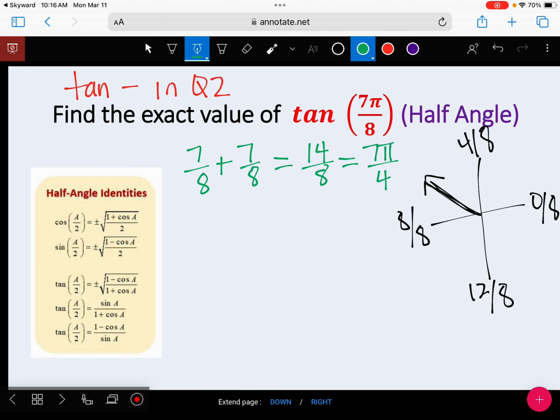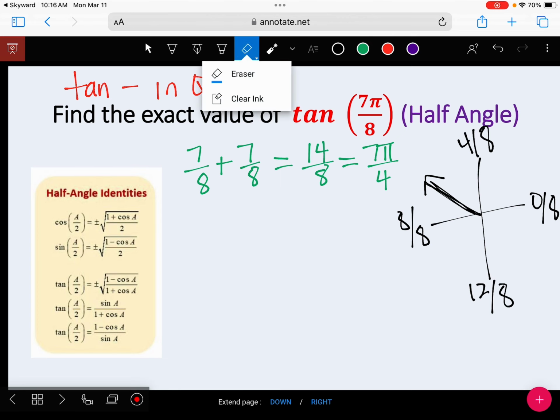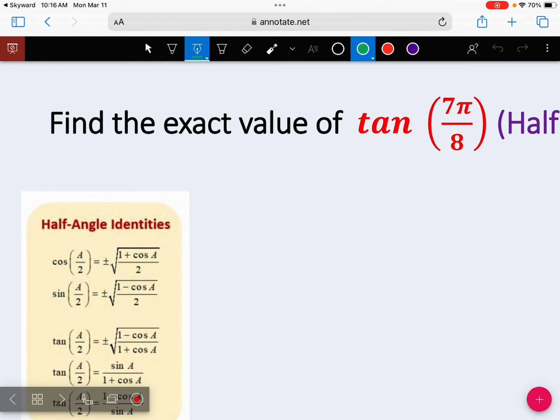So that is my half angle that I'm using, 7 pi/4. So I'm going to use my half angle identity. So I have the tangent of 7 pi/4 divided by 2, because I'm using the half angle identity.